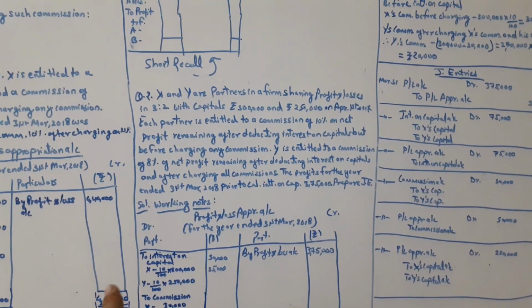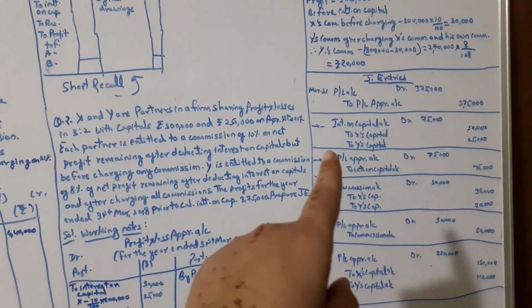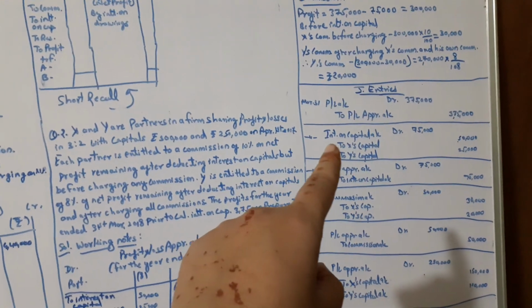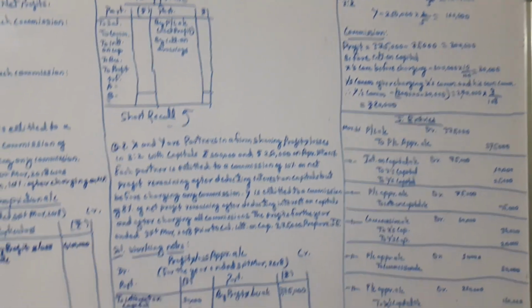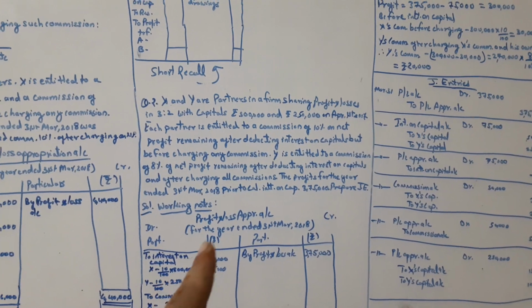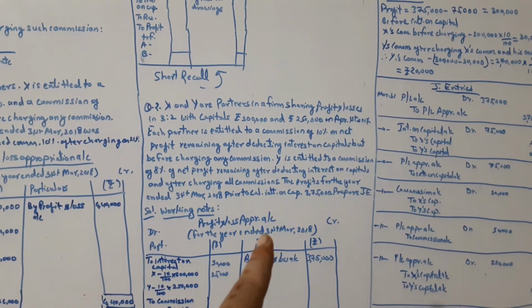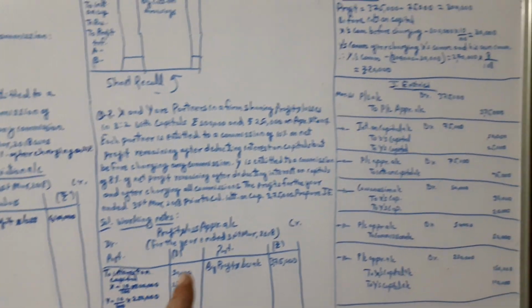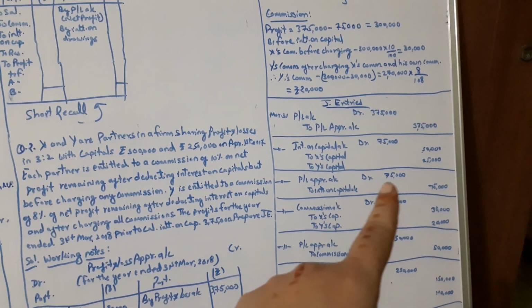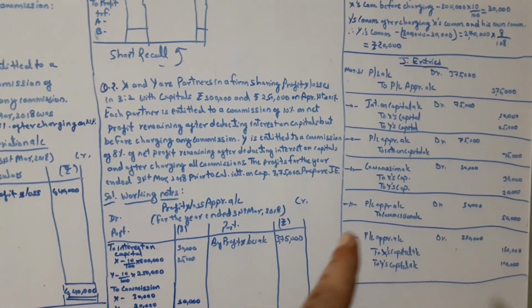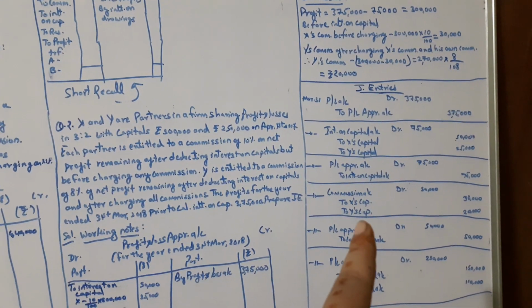Then second is interest on capital, which is given. So interest on capital account debited to X's capital and Y's capital. This is the distribution, and transferring to the P&L account. So here profit and loss appropriation is debited, right? So profit and loss appropriation account debited to interest on capital. Then again, commission account debited to X's capital and Y's capital.